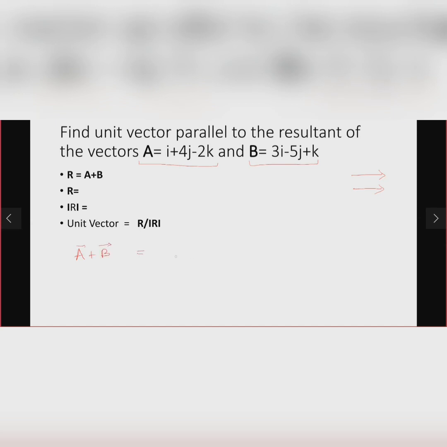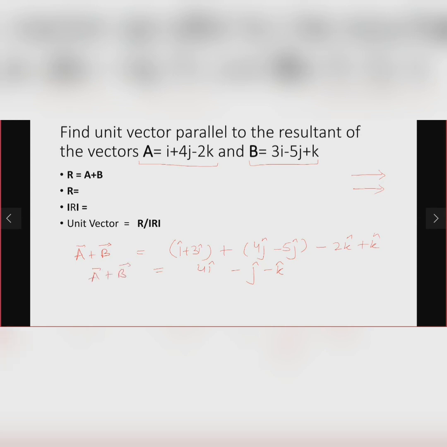The resultant would be: I components get added to the I component. 4i hat minus 5j hat minus 2k hat plus k hat. So 4i hat minus j hat minus k hat. Now this is just the resultant.